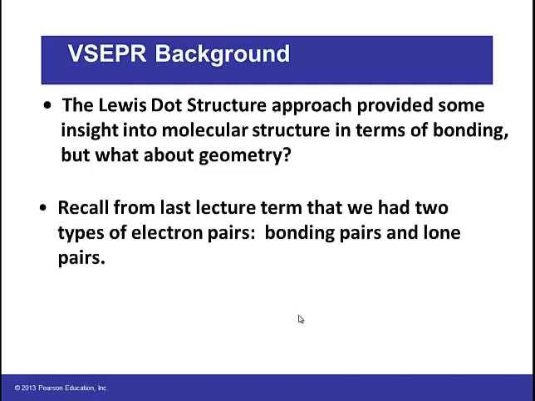So we have two types of electron pairs that we're going to be interested in. We're going to be interested in bonding pairs. So that's when two atoms come together and they're going to share the electrons in a bonded pair. But we also note that some atoms have lone electron pairs as well, like our nitrogen and our oxygen, for example. So both of these types of electron pairs will affect the geometry or the shape of the molecule.